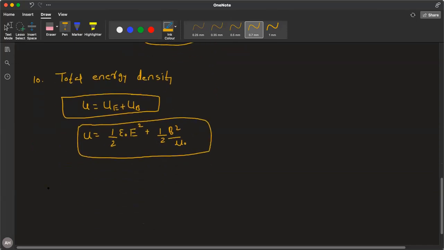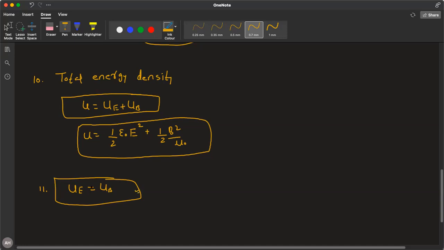Now, next. Another important thing is that electric energy density is exactly equal to magnetic energy density. You can even prove that by starting with electric energy density and converting it to magnetic energy density. Both come out to be equal.